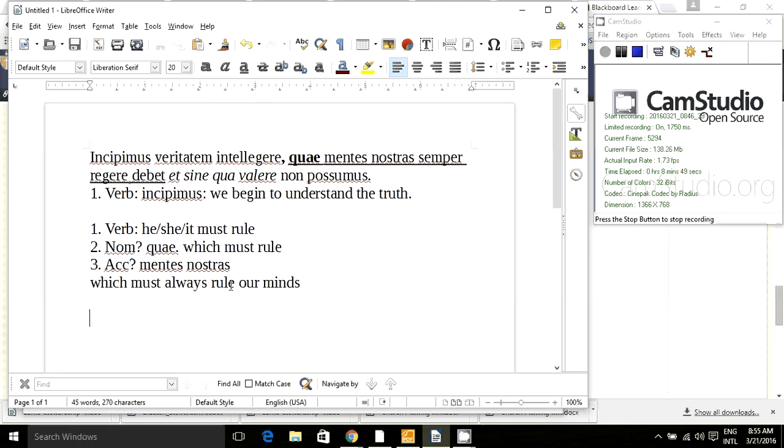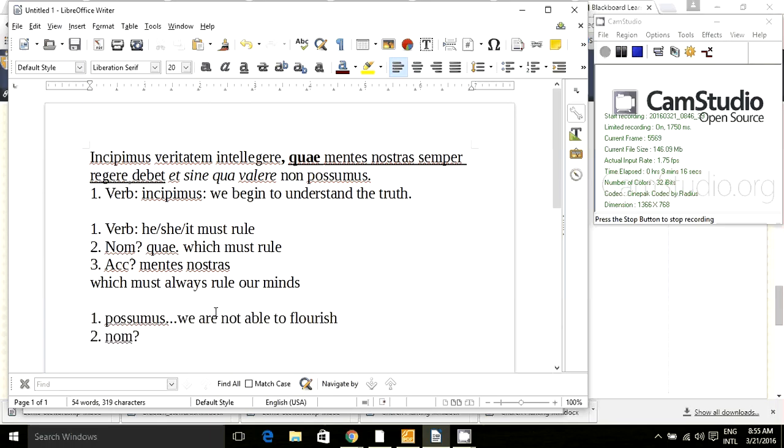And now we do it all over again for the next clause. Where's the verb in the next clause? Possumus. We are able, in this case we are not able. That also takes a complementary infinitive. We are not able to be well, to succeed, to flourish, valere. We are not able to, we'll call it flourish here. Do we have a nominative?